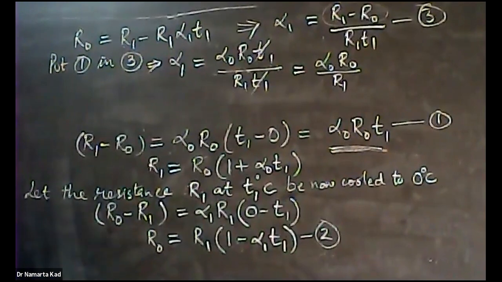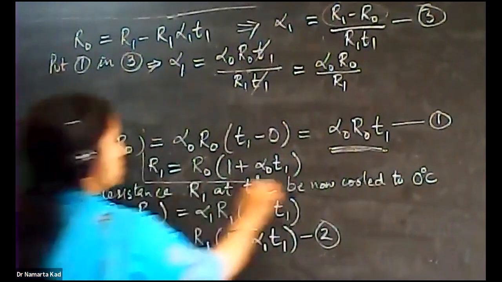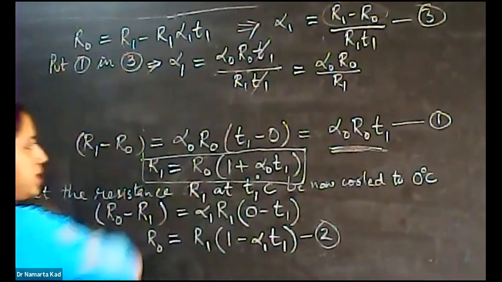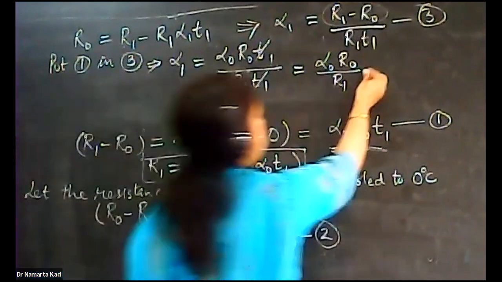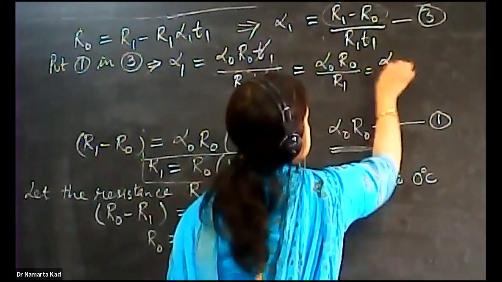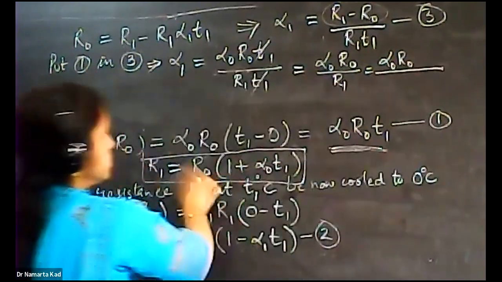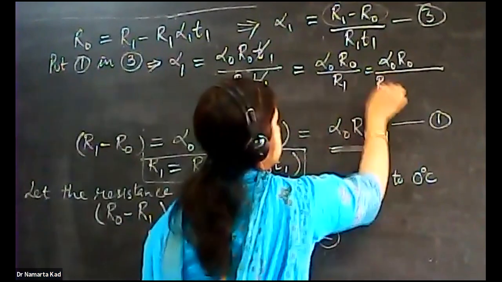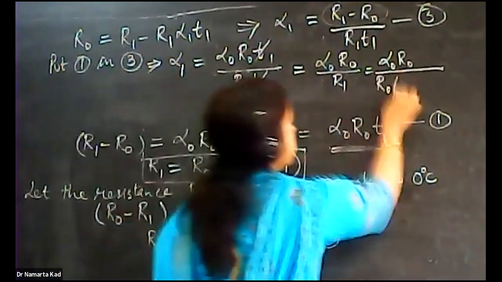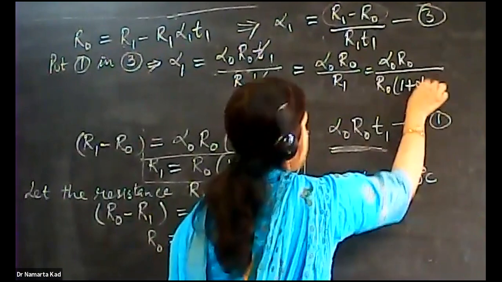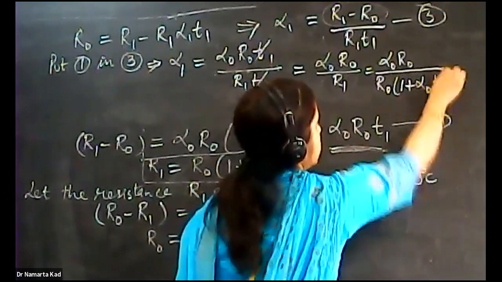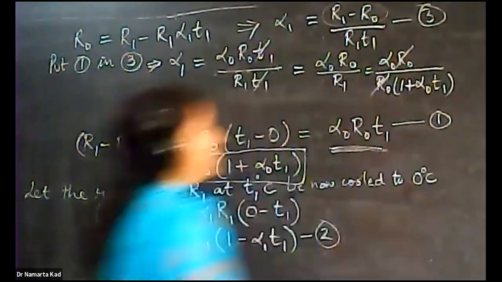And what is R1? R1 is this. So it can be written as alpha naught R naught divided by this one, R naught into 1 plus alpha naught T1. So again R naught cancels out.